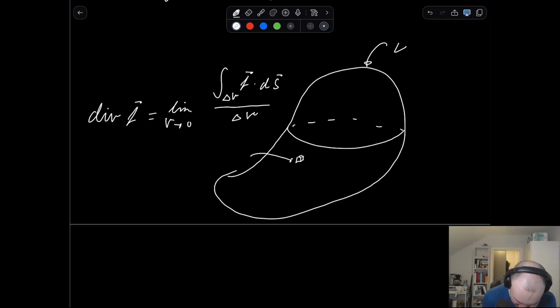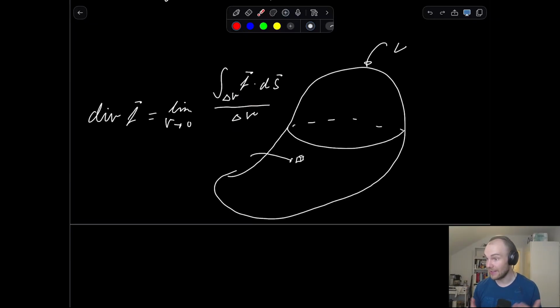The idea here is still the same. What we're trying to say is that if you shrink the whole thing as small as possible into that cube, the amount of divergence will be the total flux and the ratio compared to how big that small piece is.